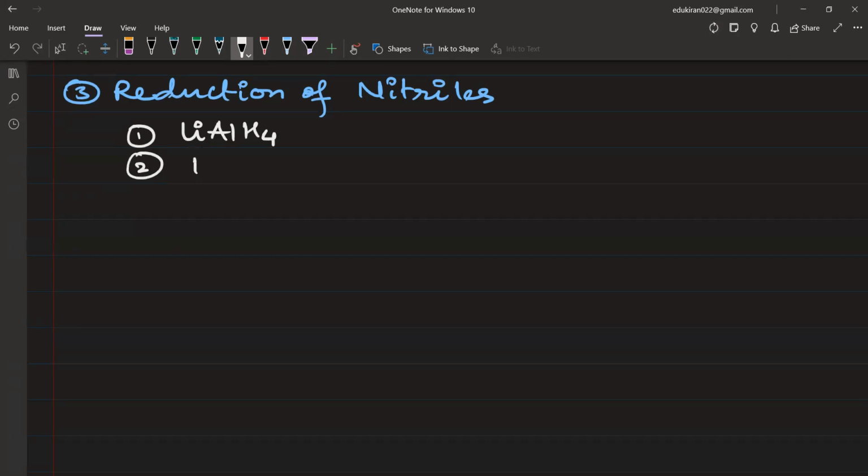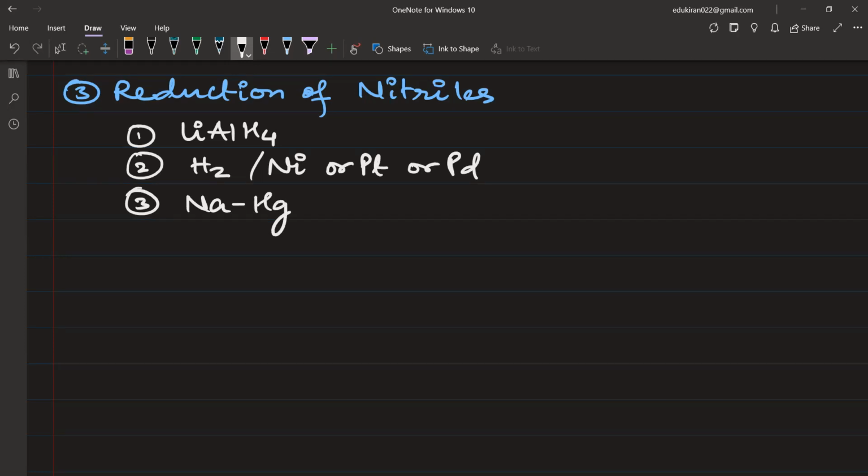Secondly, you can use hydrogenation in the presence of nickel or platinum or palladium. Third, you can use sodium amalgam, Na-Hg, in the presence of ethanol. These are the 3 reducing agents that you can use to convert nitriles into amines.